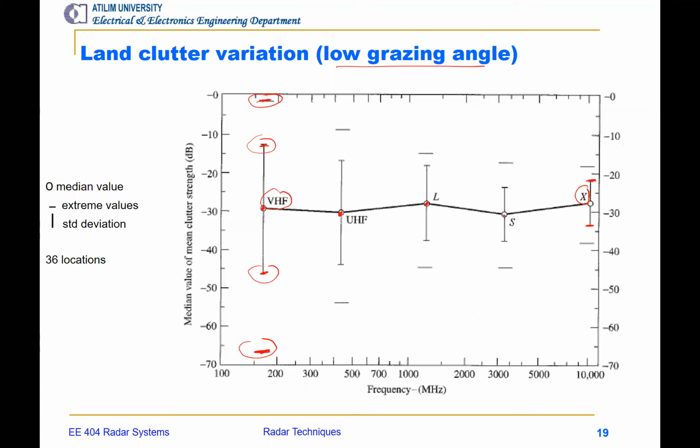So the standard deviation is quite low compared with VHF. So from this measurement, we can conclude that the standard deviation of reflectivity is highly dependent on the frequency, and for high frequencies like X-band, S-band, it's quite low, and for VHF band, it's quite high.